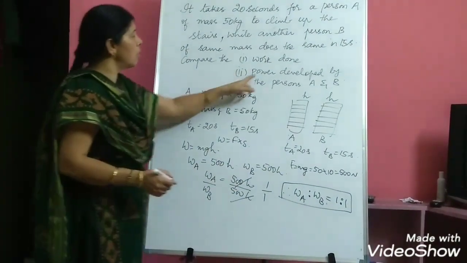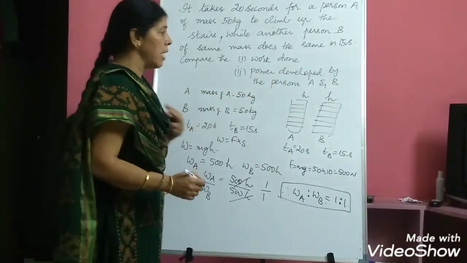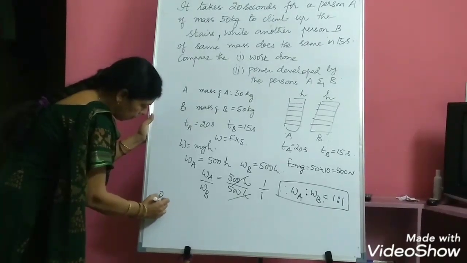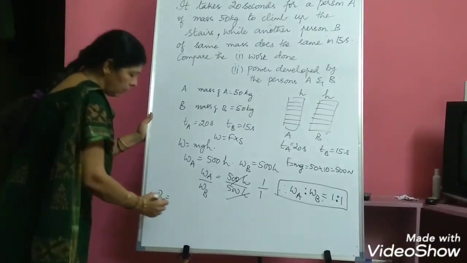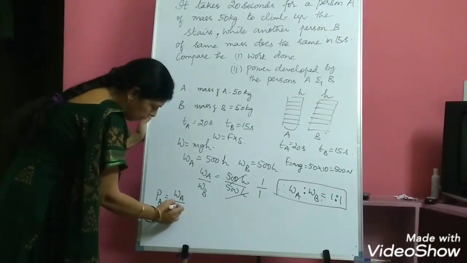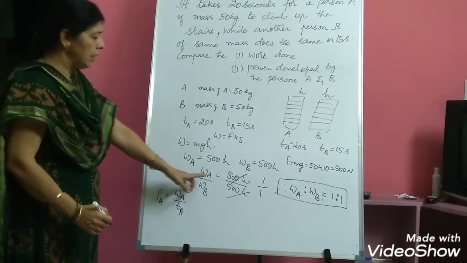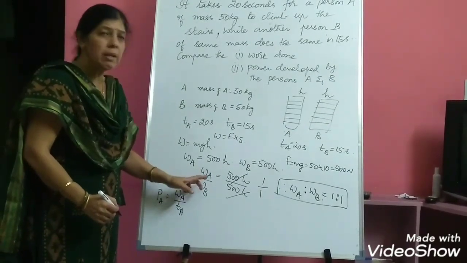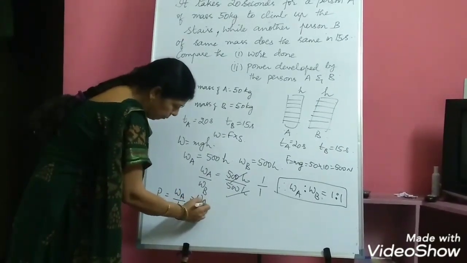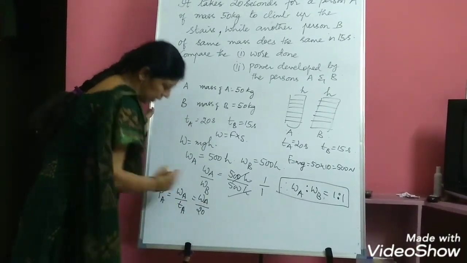Now in the second question, what you need to calculate? Again you have to compare the power developed by persons A and B. Power developed by A is equal to work done by A divided by time taken by A. We will take the work done as WA, which is the same for both A and B, divided by 20 seconds.